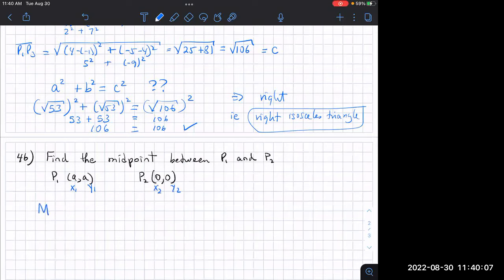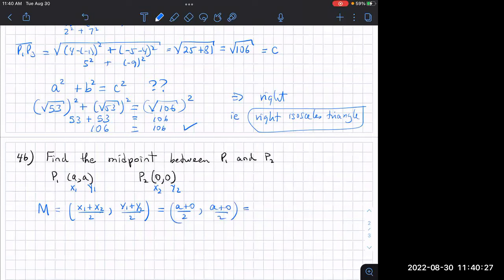Okay, so my x1 is a, my y1 is a, my x2 is 0, my y2 is 0. Write the formula for the midpoint: x1 plus x2 over 2, the average of the horizontal components gives you the horizontal component. The average of the vertical components gives you the vertical component. So a plus 0 over 2 and a plus 0 over 2.